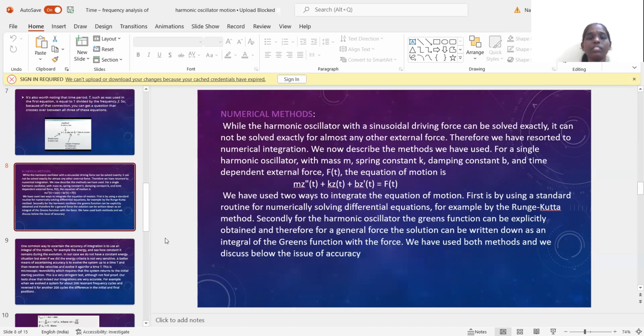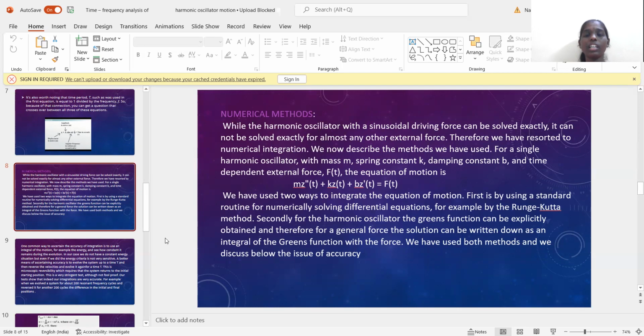Numerical methods. While the harmonic oscillator with a sinusoidal driving force can be solved exactly, it cannot be solved exactly for almost any other external force. Therefore, we have resorted to numerical integration.